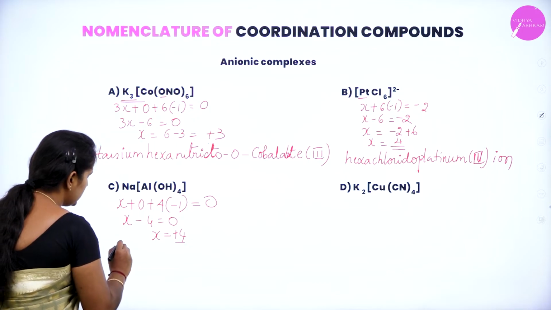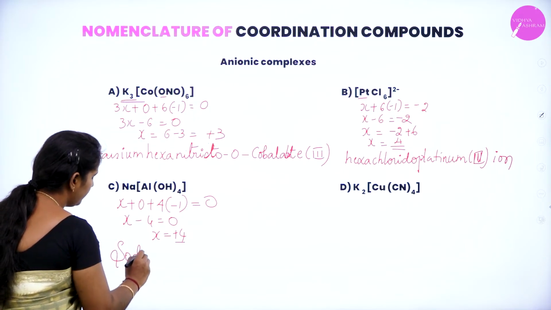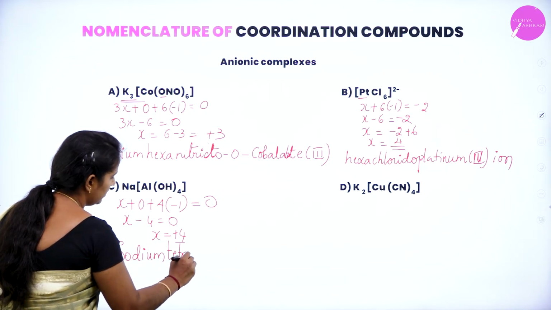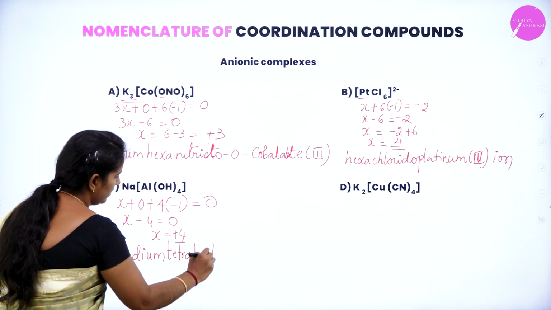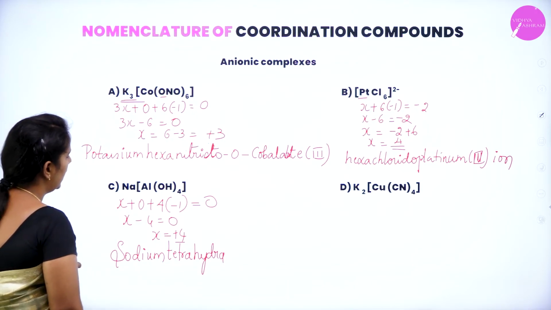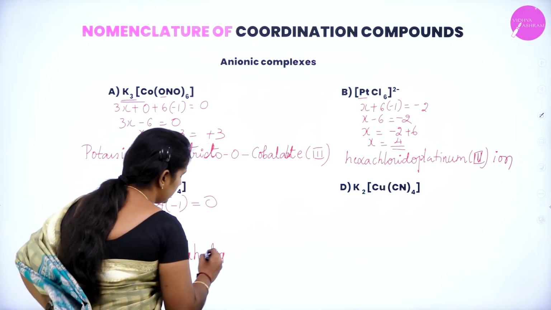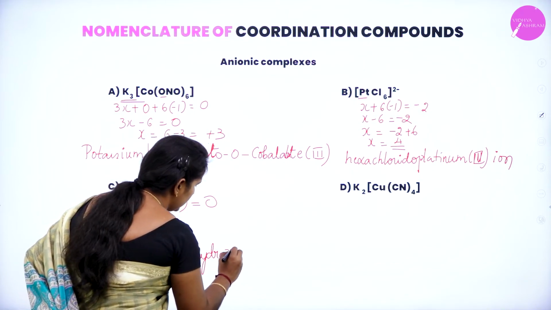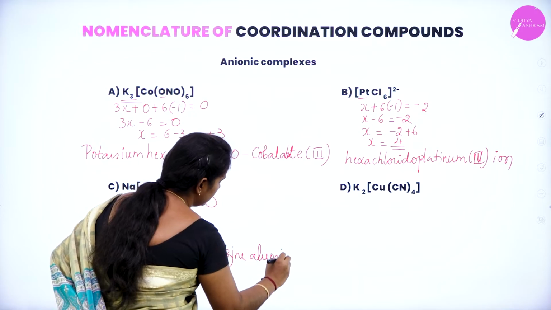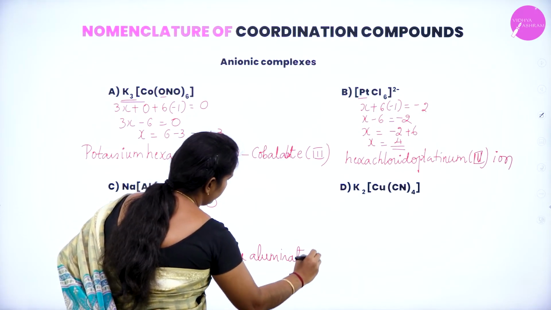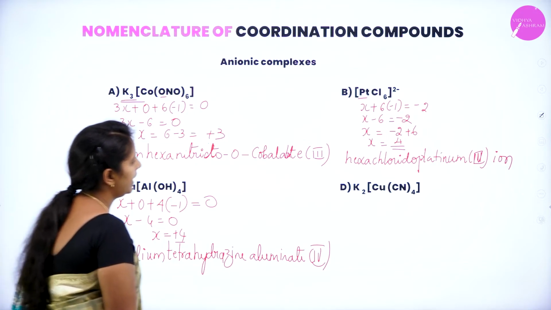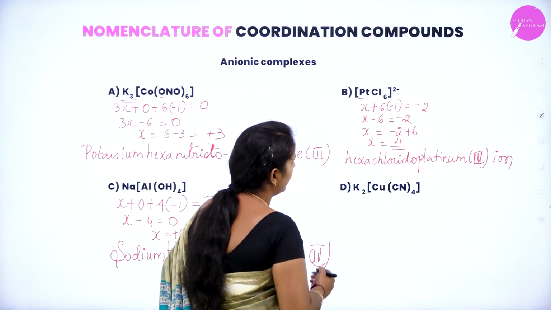And it is named as sodium tetrahydroxido aluminate. Tetrahydroxido aluminate.